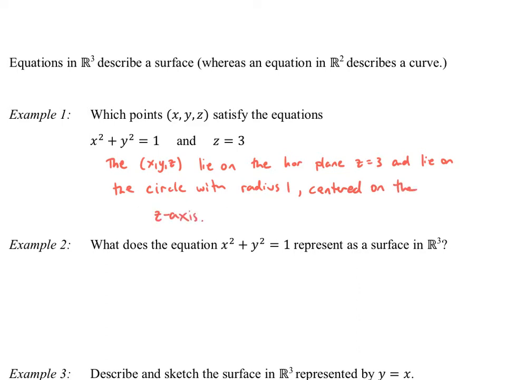Now could you say this differently and be fine? Of course. This is just one way to say it. So what we're saying is that there is this plane z equals 3, which again we're calling a horizontal plane.